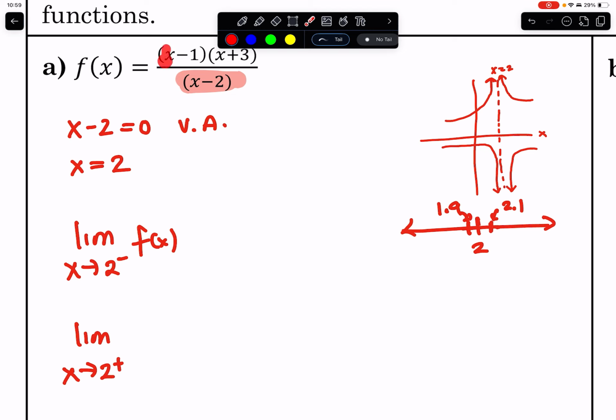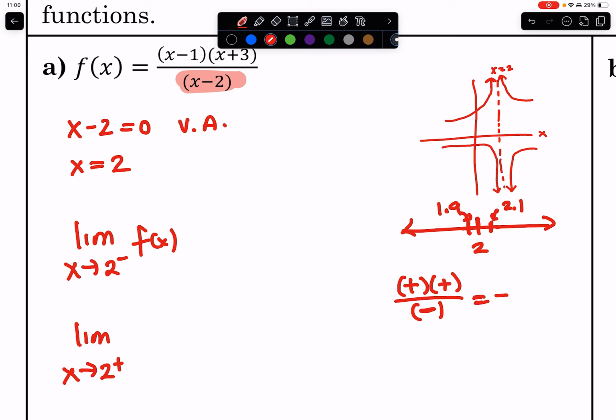So if I plug in 1.9 into the first parentheses, 1.9 minus 1, that's going to be a positive value. 1.9 plus 3, that's going to be a positive value. And 1.9 minus 2, that's going to be a negative value. So this negative value doesn't match up with anything, so the entire thing is going to be negative on the left end.